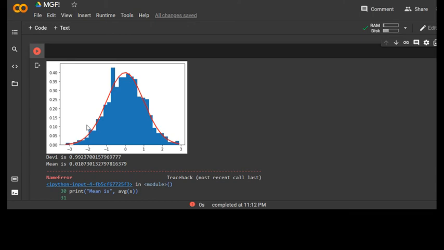So because of those two facts, number 1, the distribution is smooth, number 2, the area under the curve is equal to 1, now we can use calculus skills.